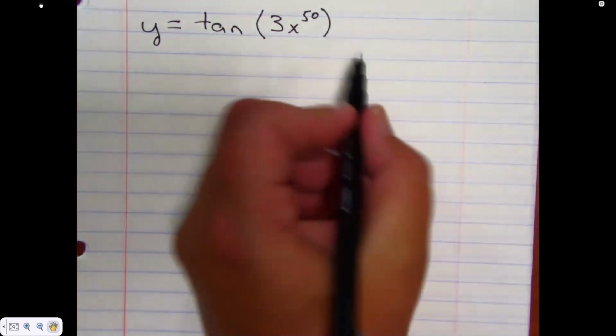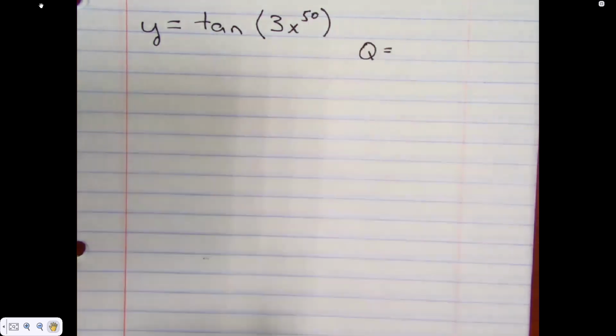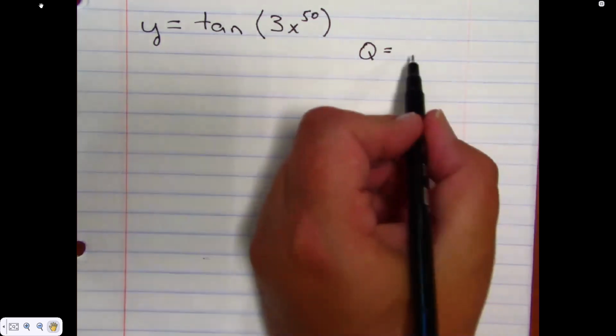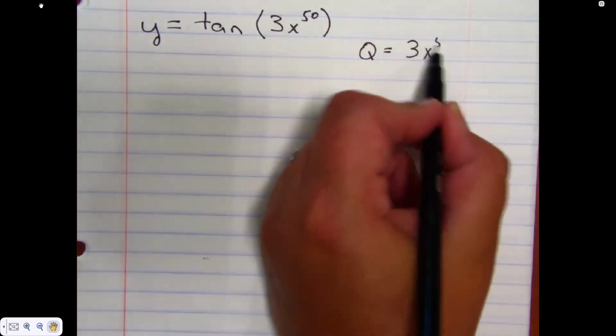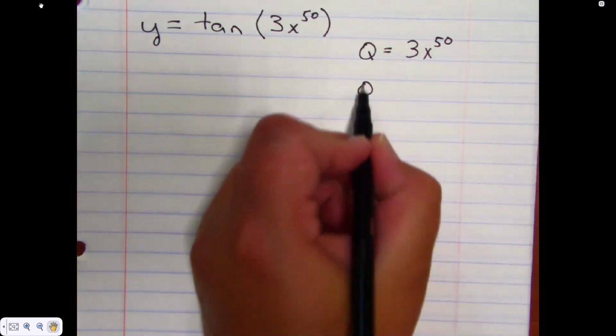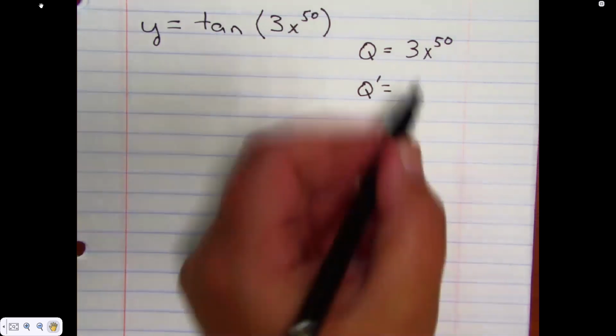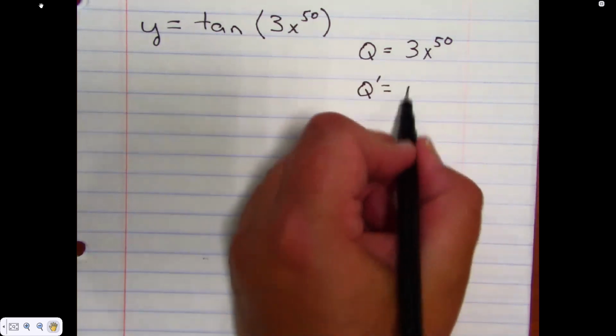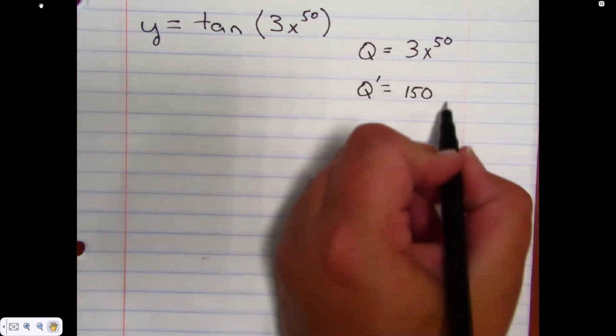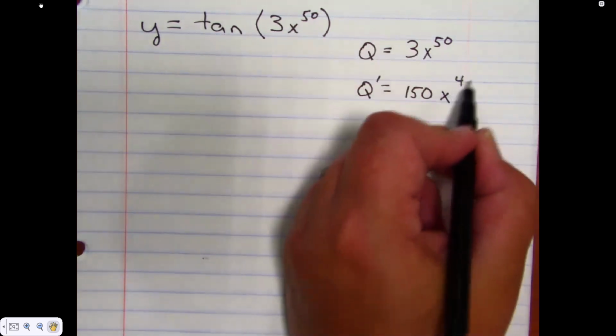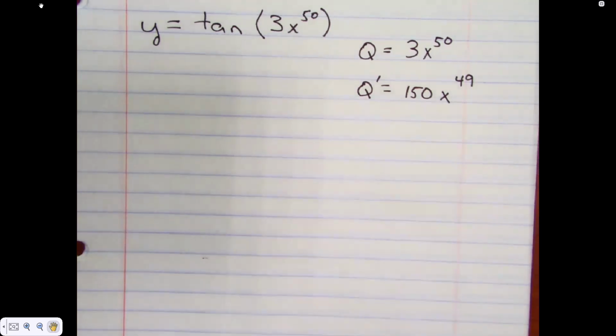So the quantity, and it's nice that they put in parentheses, is the 3x to the 50th. You can do it whenever, but always know as soon as you move something to a quantity, you are always going to have to involve its derivative. Okay, so roll it down. What do we get? 150x to the, and then just subtract 1, so 49.